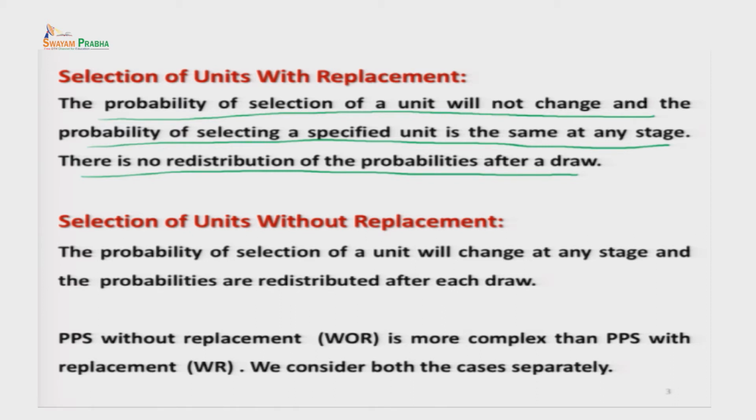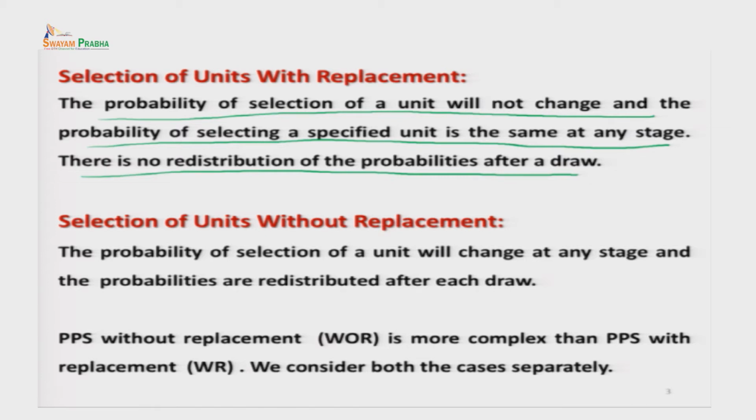You have some number of sampling units in your population, you are trying to draw the sample, and every sampling unit in the population will have a different probability of selection, something like P1, P2, Pn and so on.